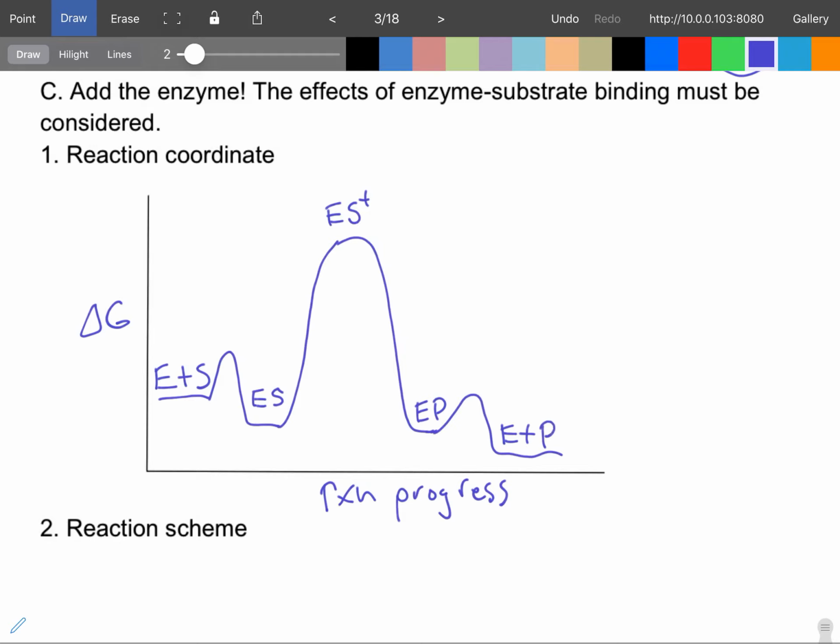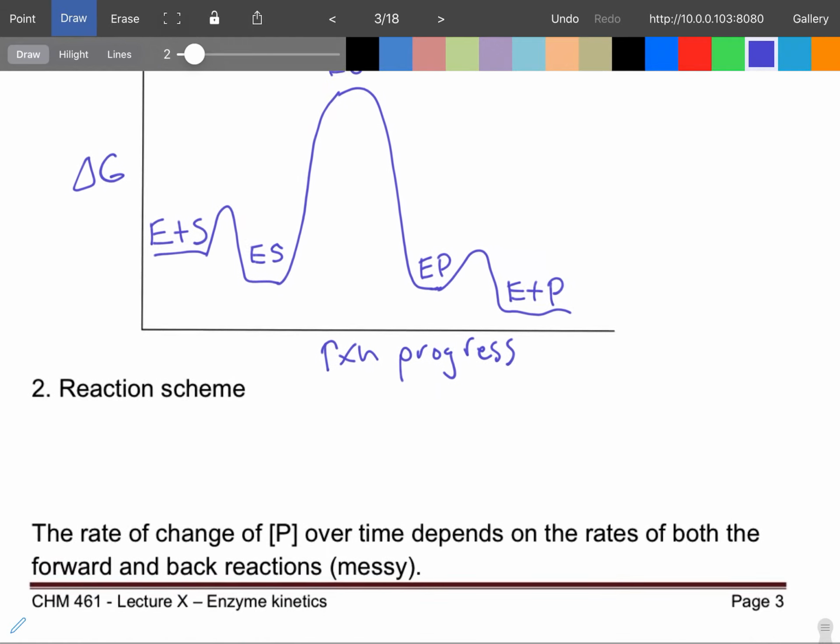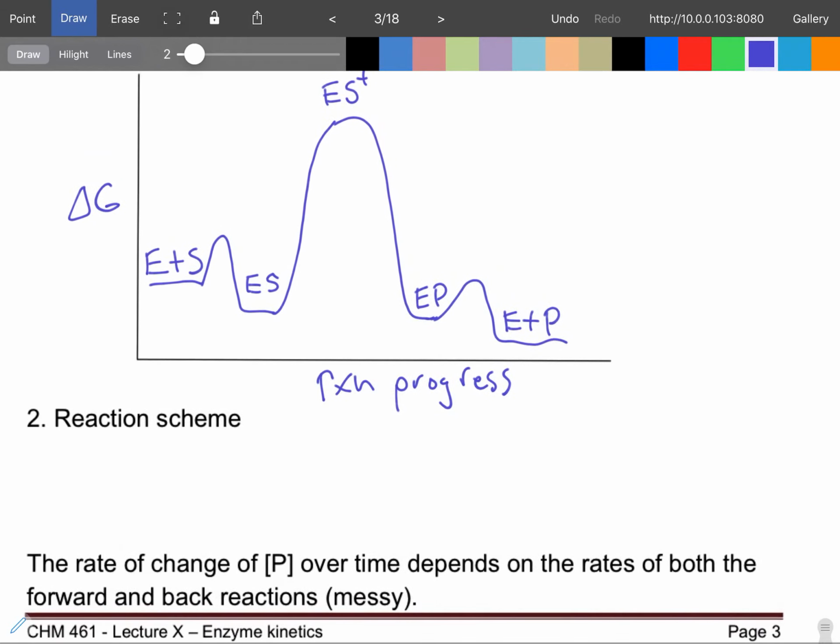But now that we have an understanding for kinetics, I want to convert that reaction progress diagram, that free energy diagram, into what we call a reaction scheme. And so we're really just following the progress of this reaction. So we start off with free enzyme and free substrate, and it's in equilibrium.